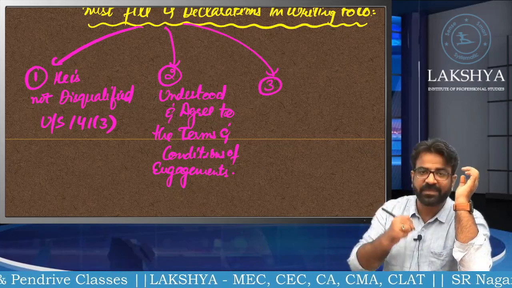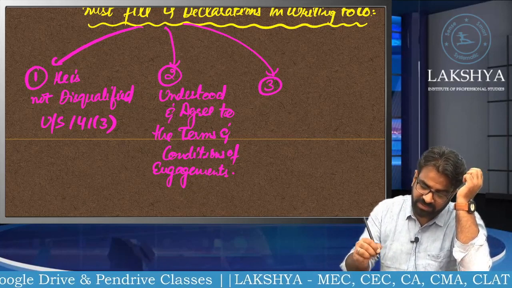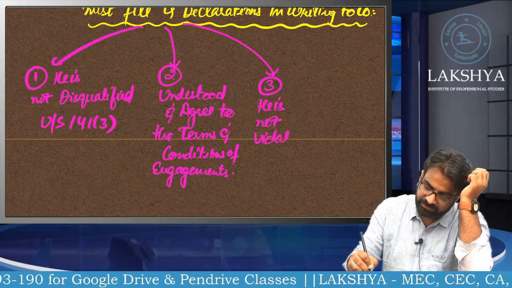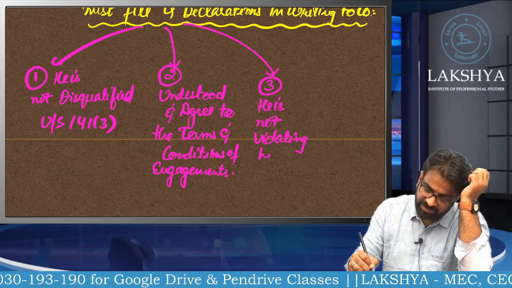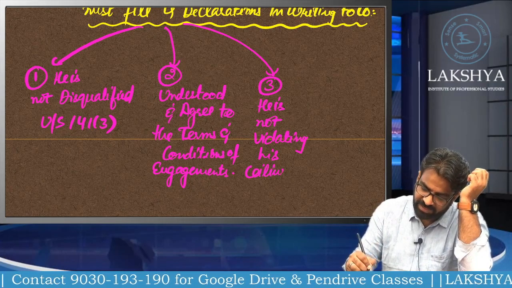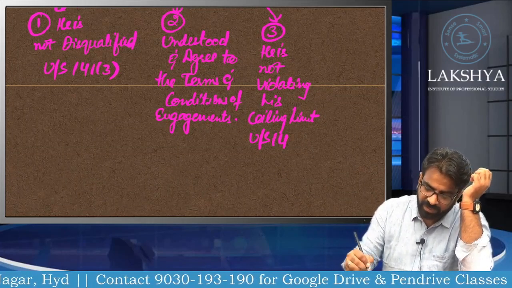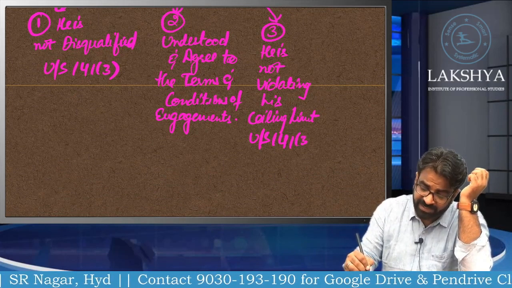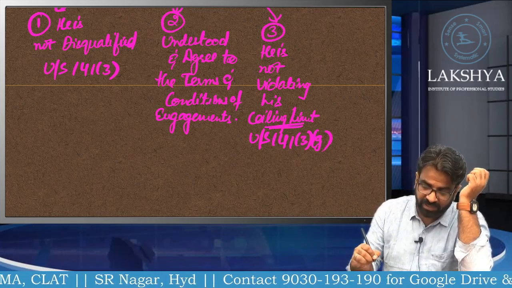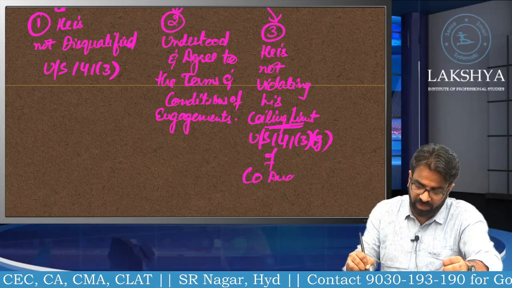Declaration number 3. So what is declaration number 3? Declaration number 3 is very simple. He is not violating his ceiling limit under section 141 subsection 3 clause G. Can anybody tell me the ceiling limit under section 141 subsection 3 clause G, of doing which audits?